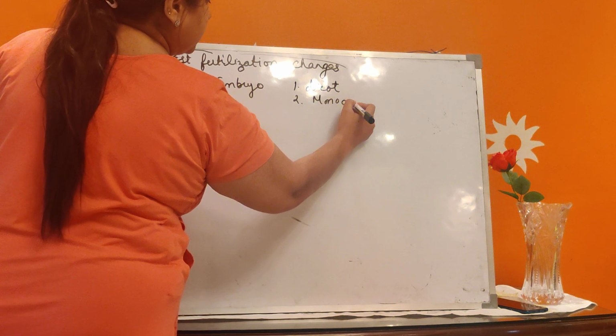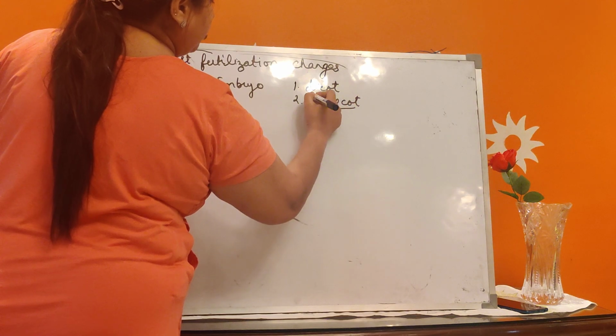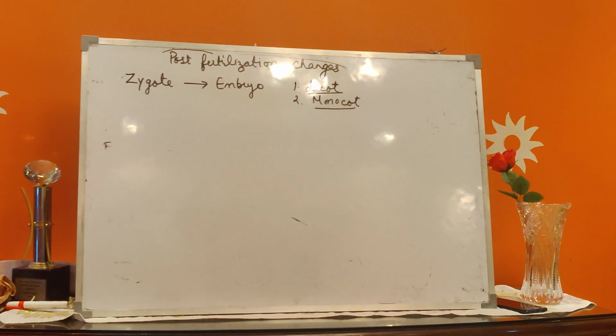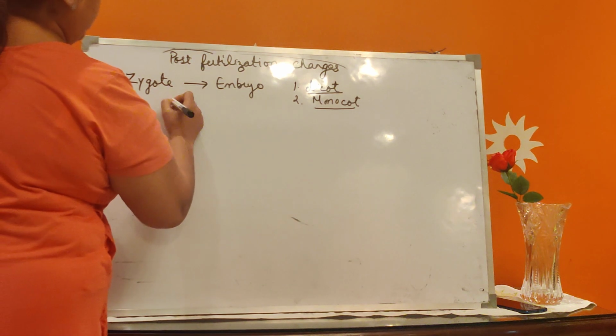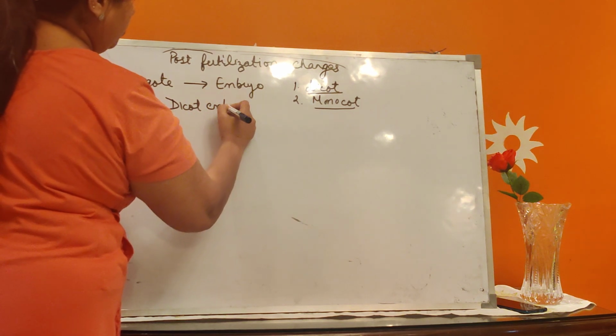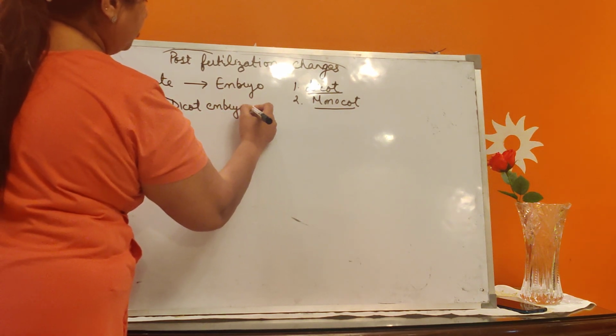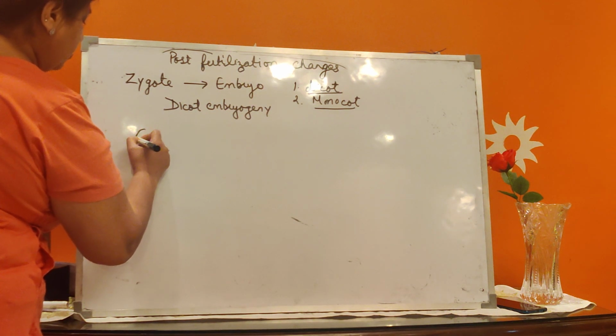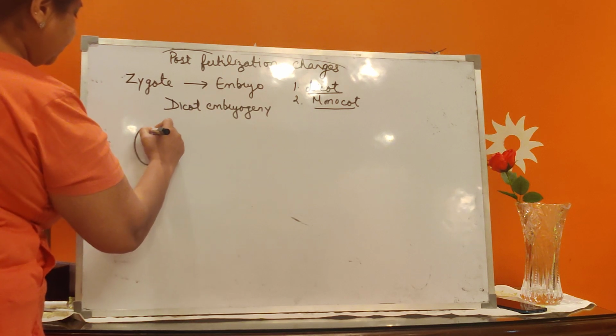So here we will discuss two types of embryogeny, dicot embryogeny and monocot embryogeny. We are starting with dicot embryogeny. Now in dicot embryogeny, first of all let's discuss the zygote.